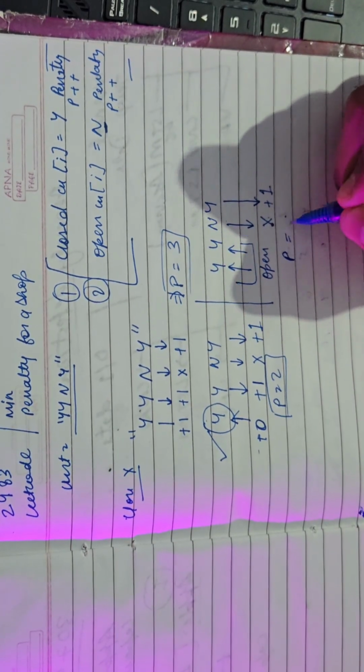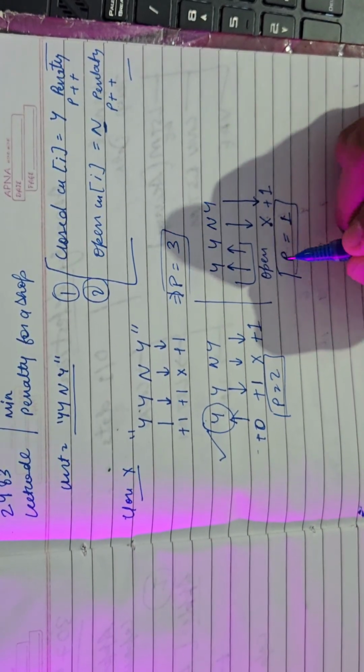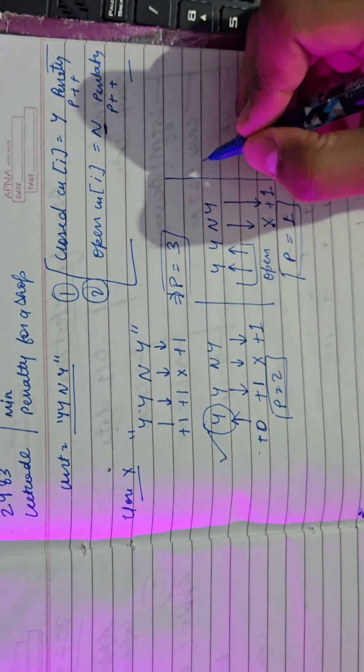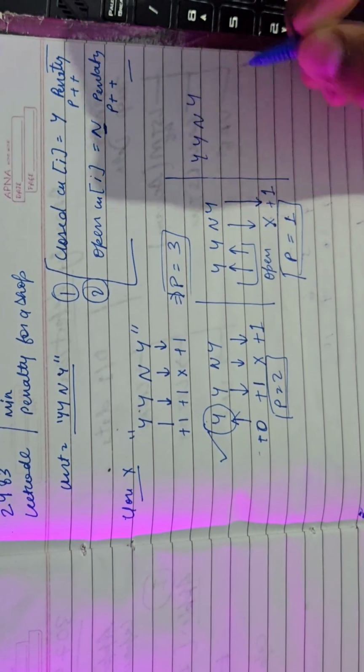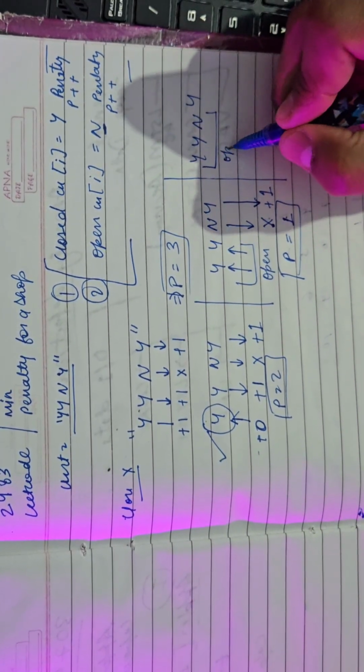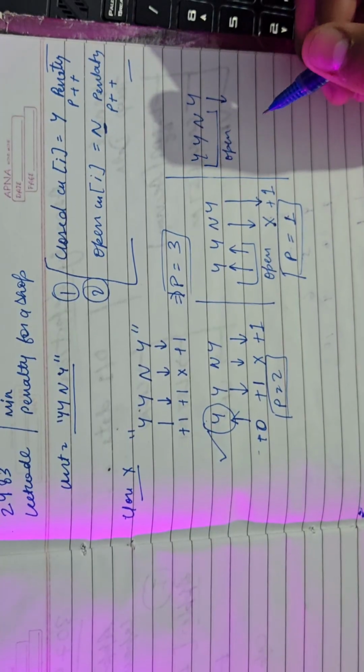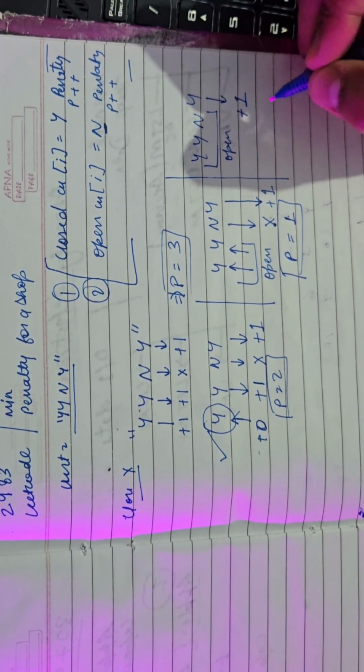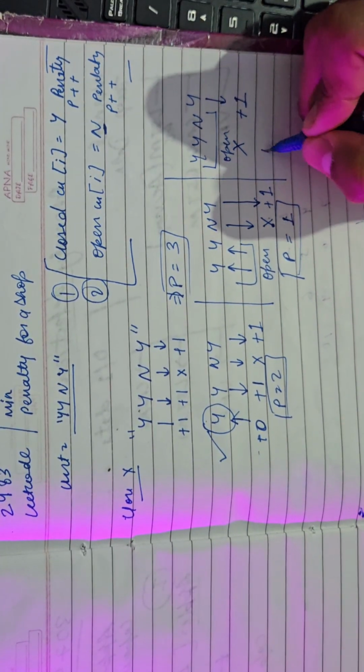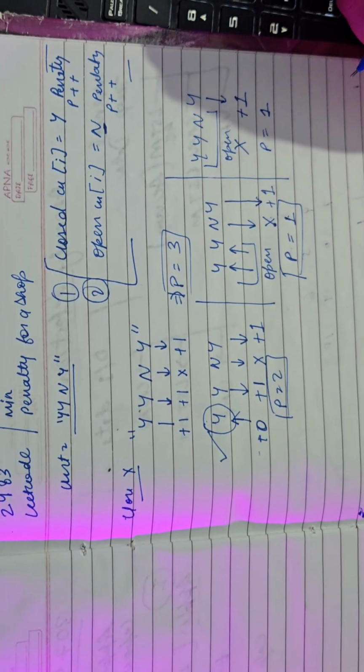So the penalty is 1 here. Now for the last case, in these three cases the shop was open, but for this customer the shop was closed, so this will increase the penalty by 1, and this will have no effect. So the penalty equals 1.